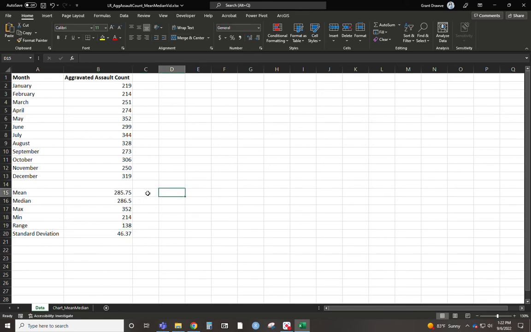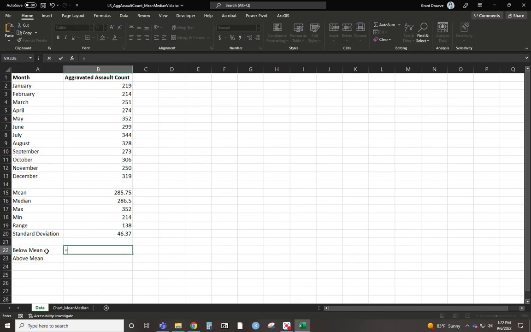Let's do below mean and above mean, and all we're going to do is 285 minus our standard deviation, and then for this one 285 plus our standard deviation.